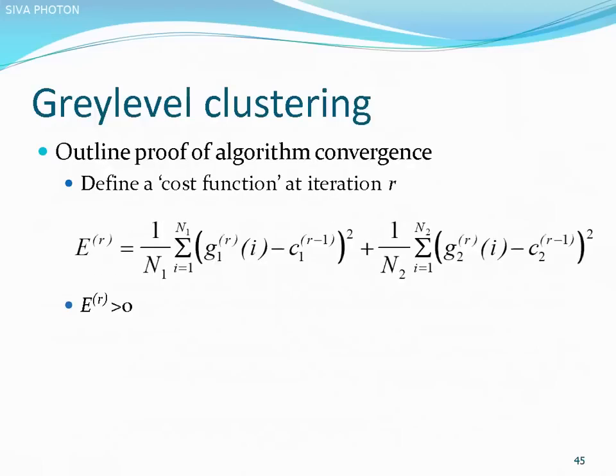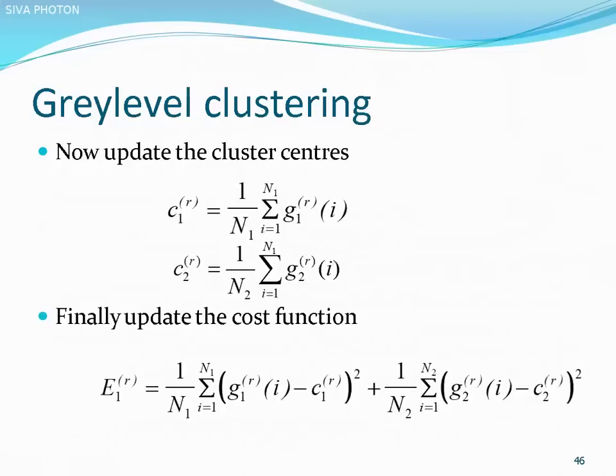So now we are finding the proof of algorithm convergence. Consider a cost function E of R equal to the sum of two terms with respect to group 1 and group 2. Next, we are updating the cluster centers C1 and C2.